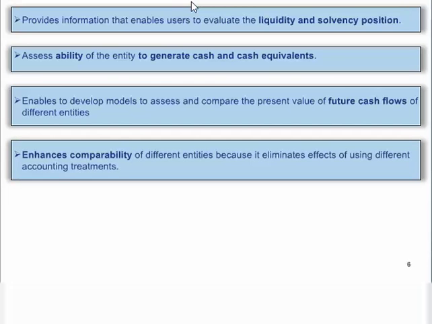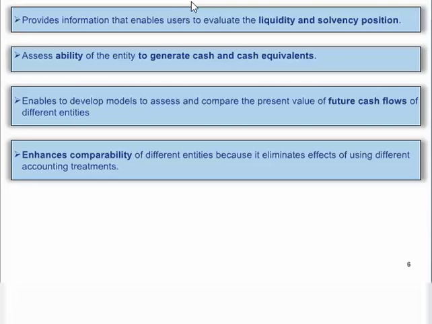The cash flow statement also enhances the comparability of different entities because it eliminates the effects of using different accounting treatments. How does this happen? If you want to compare the profit and loss statement of a Tata company and of a Reliance company, it might come out differently because they might be applying different accounting standards, or they might be applying different choices given under different accounting standards.